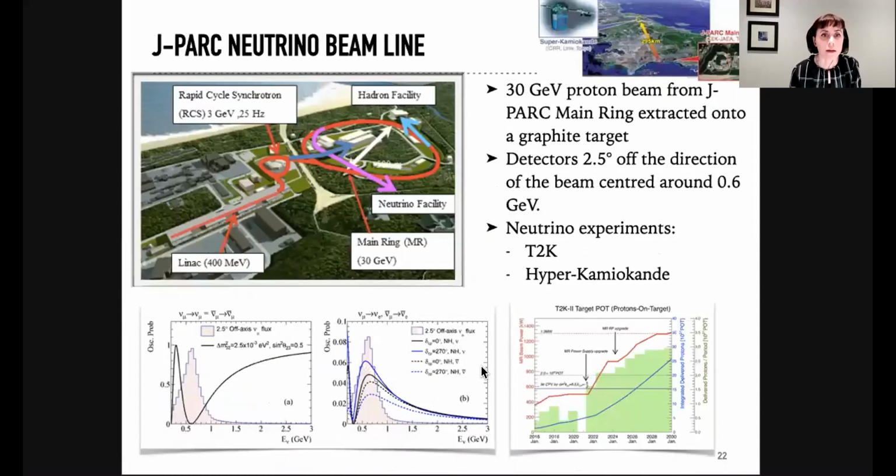The other one is on the other side of the Earth, in Japan. You have again a big accelerator, and then you can see those neutrinos about 300 kilometers away on the other side of Japan, closer to Korea.